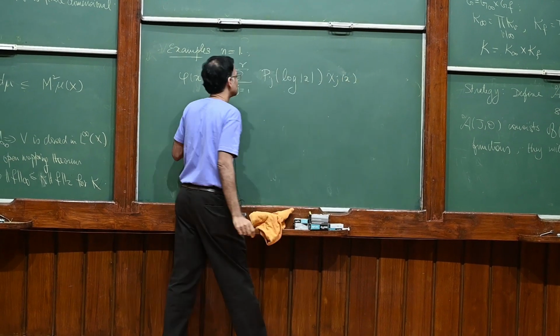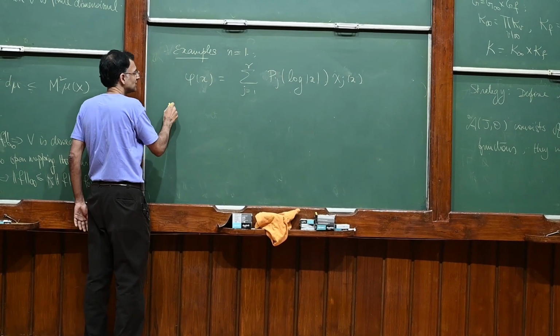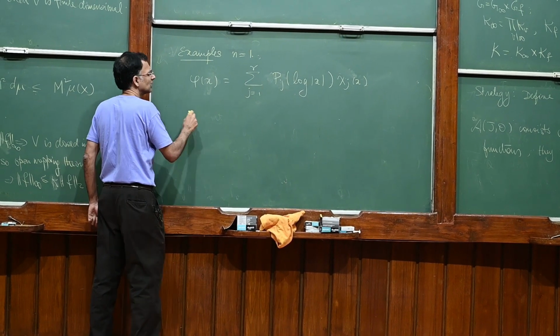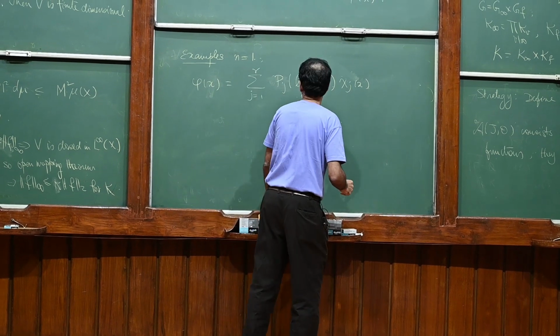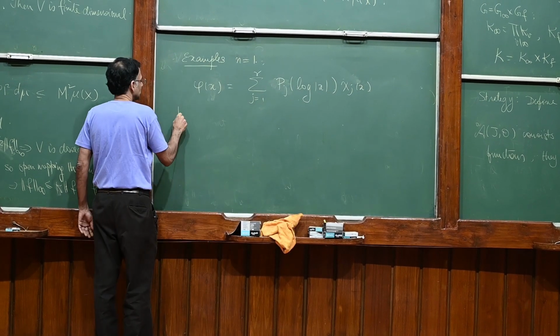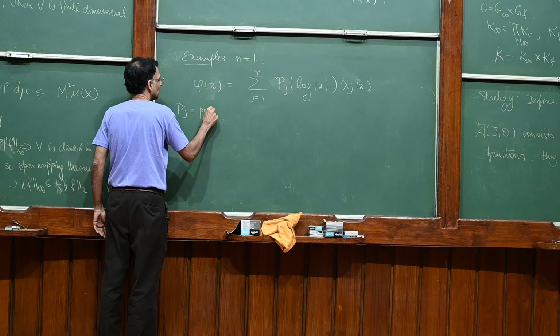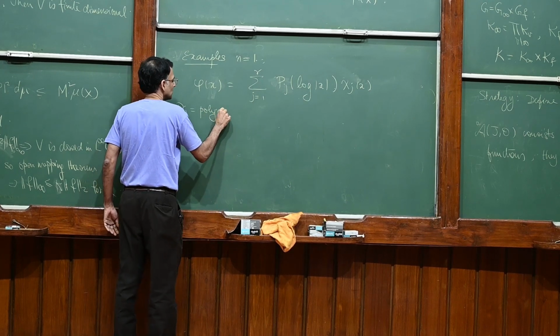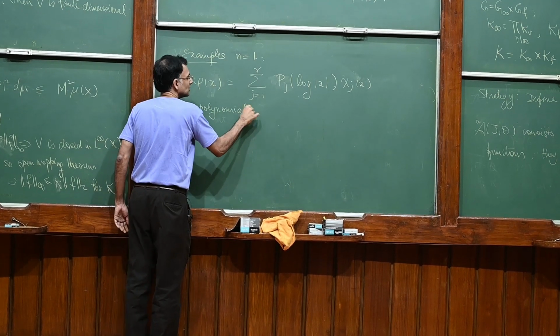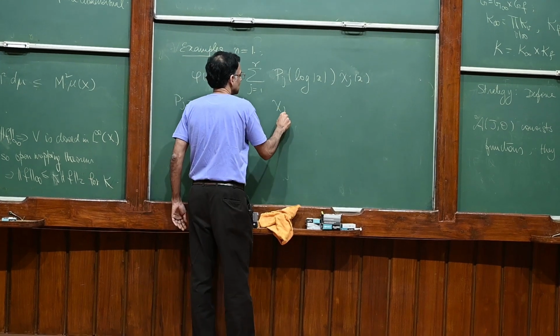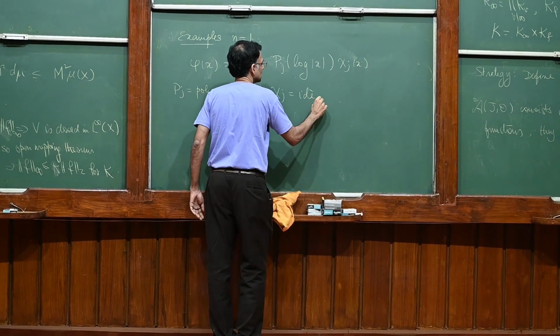So what are these terms? So p j is just a polynomial. So I have a polynomial in log mod x. And chi j is an ideal class character.